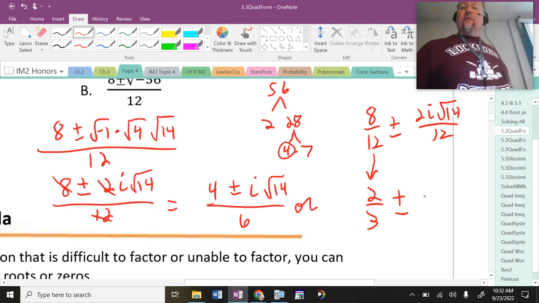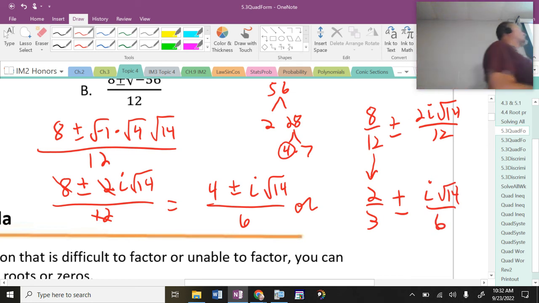And then 2 over 12 is 1 over 6, i root 14 over 6. You could split these up into 2 separate fractions and reduce them separately. That will always be okay.